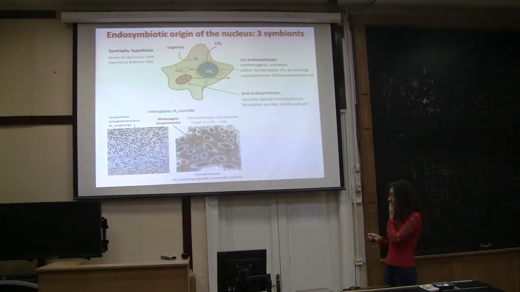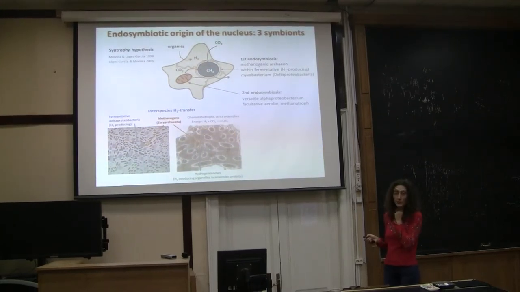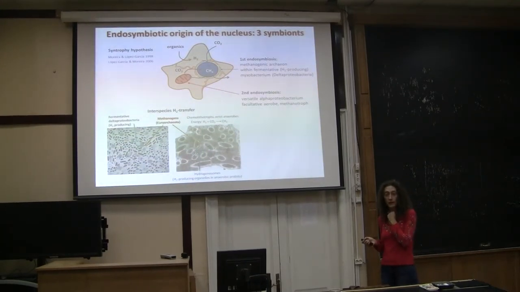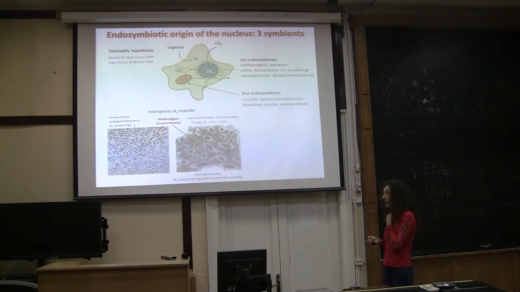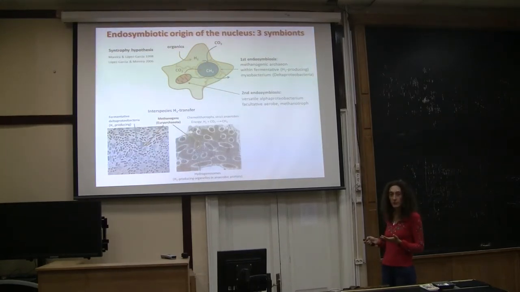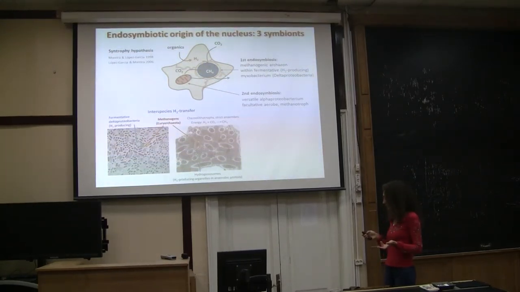And this type of interaction occurs also in the cytoplasm of some anaerobic ciliates that have hydrogenosomes instead of this type of bacteria, and that harbor also methanogens, so that they transfer hydrogen from the hydrogenosome to the methanogens. Okay, so this is just to say that this type of symbiosis is widespread in nature.